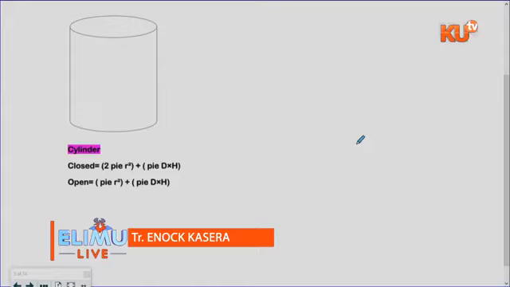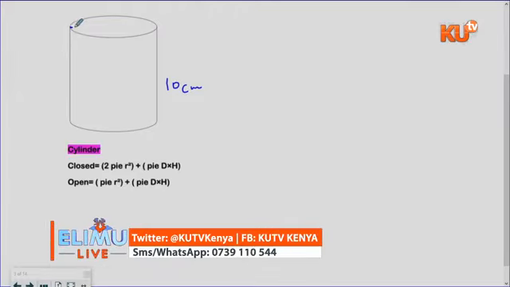Okay, so let's find the surface area of this. The height is 10 centimeters, and the diameter here is 14 centimeters.